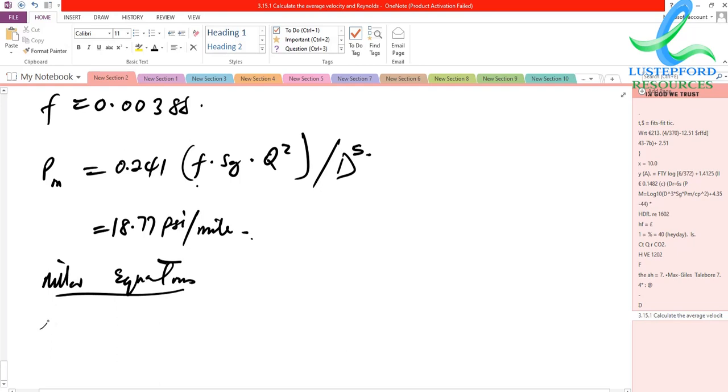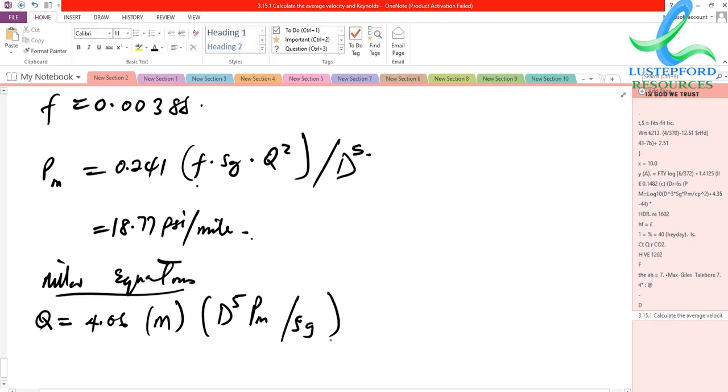have this equal to 4.06 M bracket D raised to power 5 PM raised to power 0.5.